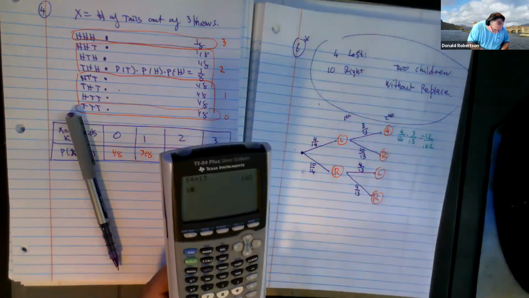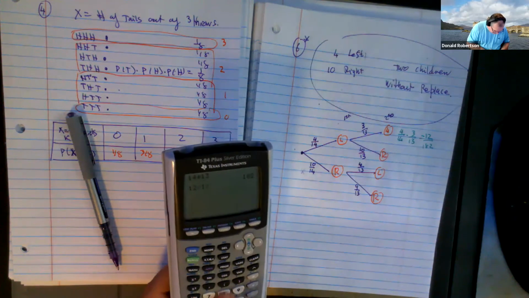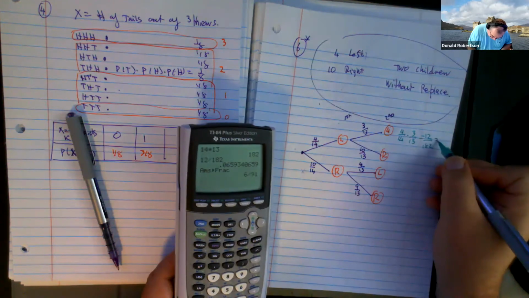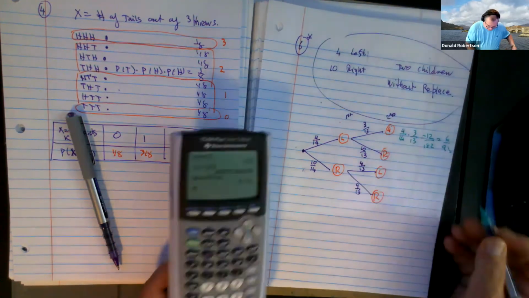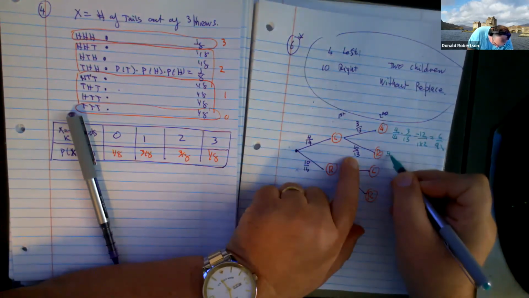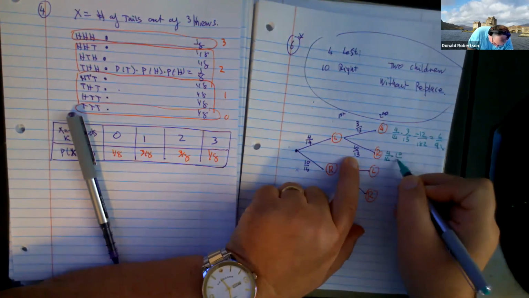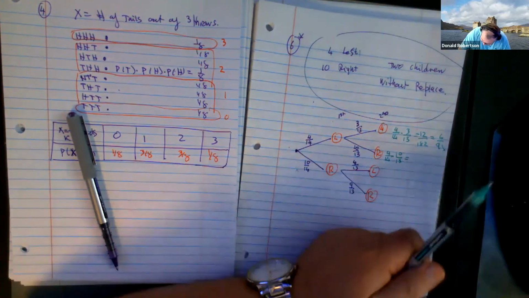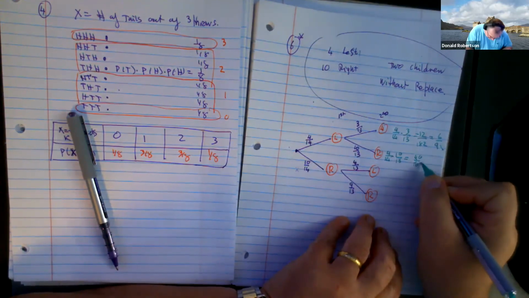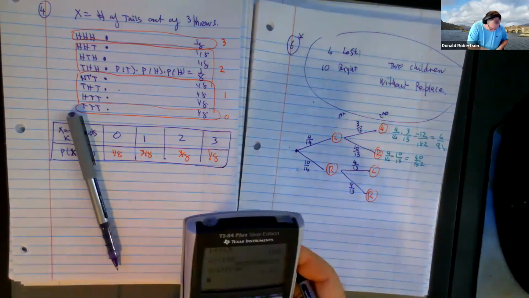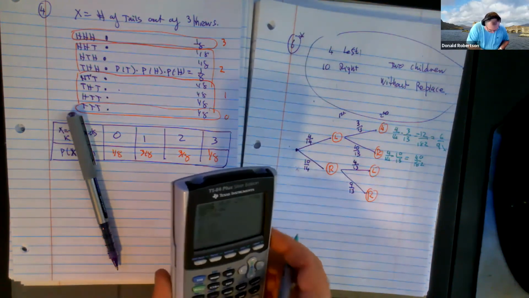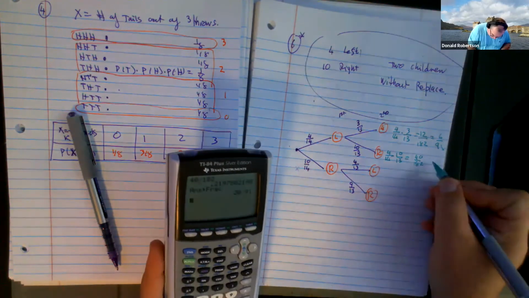Then I can simplify that on my calculator, and I get 6 91sts. Then the next one is 4 out of 14 times 10 out of 13, that's 40 out of 182, which is 20 91sts.